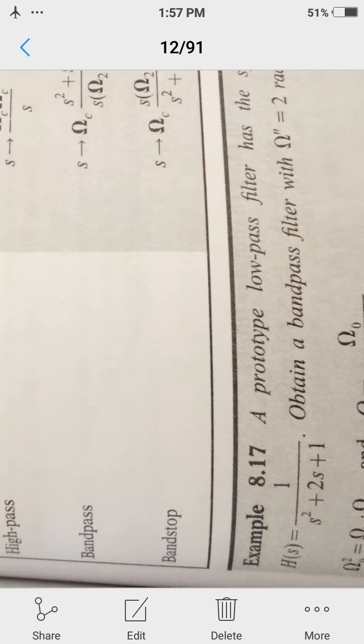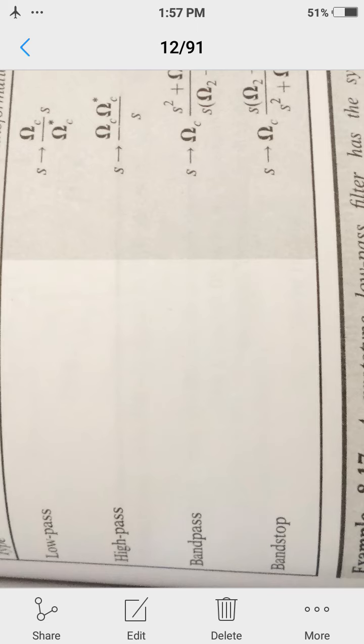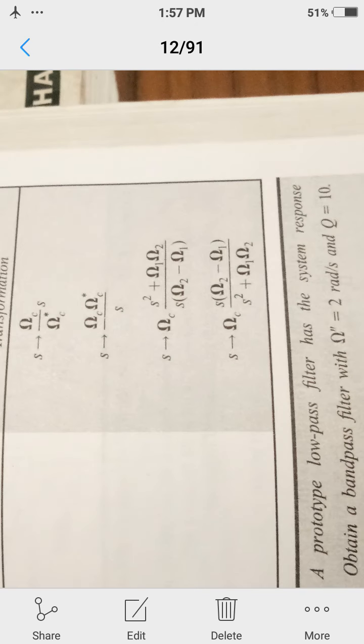Now we have seen the table, and we know that the frequency transformation required here is from low pass filter to band pass. Low pass to band pass means the third one, that is, s should be converted to Ωc (s² + Ω1Ω2)/(s(Ω2 − Ω1)).